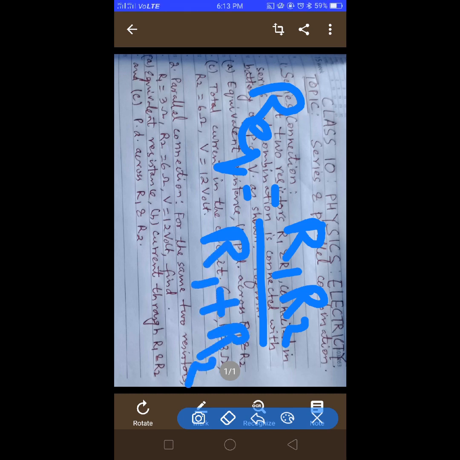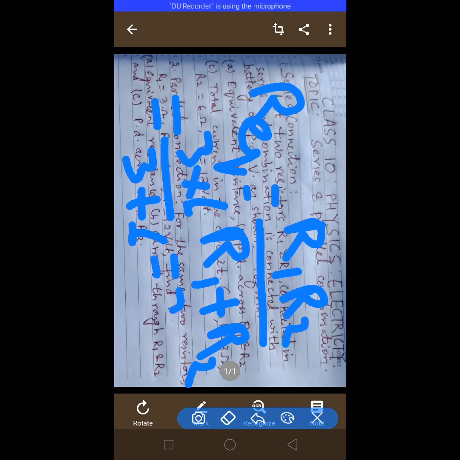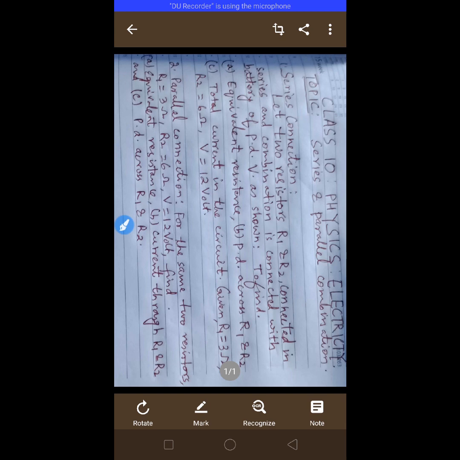Here in this case for two resistors. So in this way R1 is given 3 ohm, R2 is equal to 6 ohm. So 3 multiply 6 upon 3 plus 6, and it comes out to be 18 upon 9, 2 ohm. So we are getting this answer here, 2 ohm for the parallel combination.